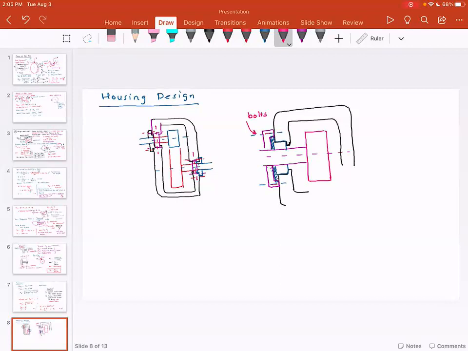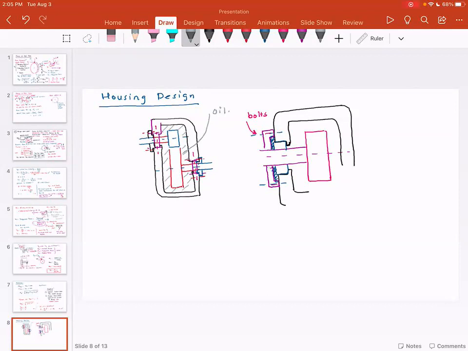The reason for that is usually this gearbox will be filled with lubricant oil. This is oil. As these gears are rotating, this oil would get splashed everywhere.